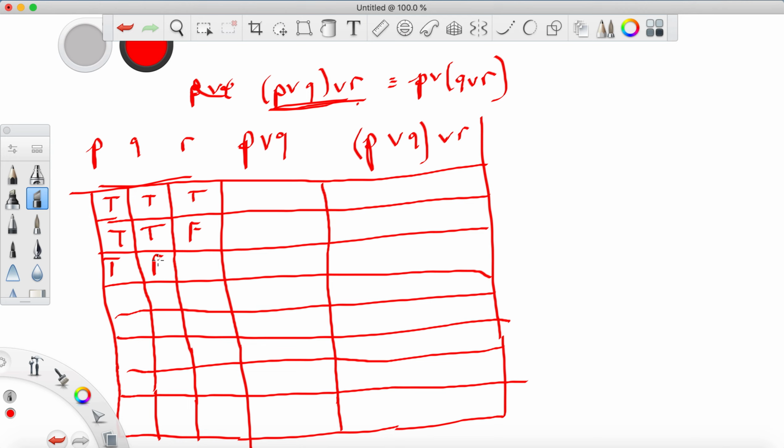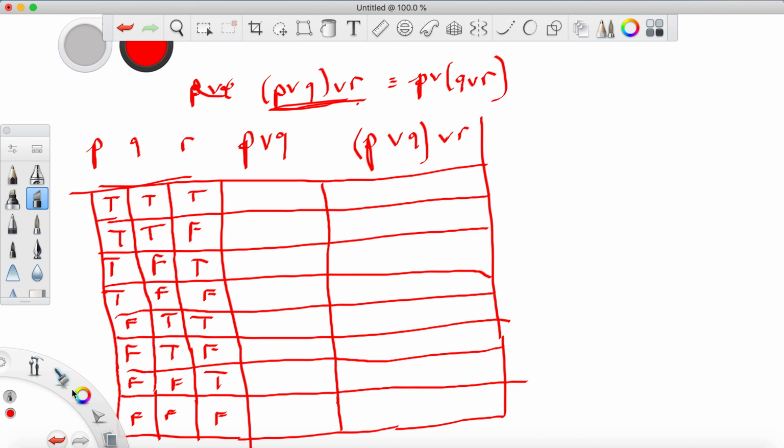So true, false, true, true, false, false, false, true, true, false, true, false, false, false, true, and false, false, false.